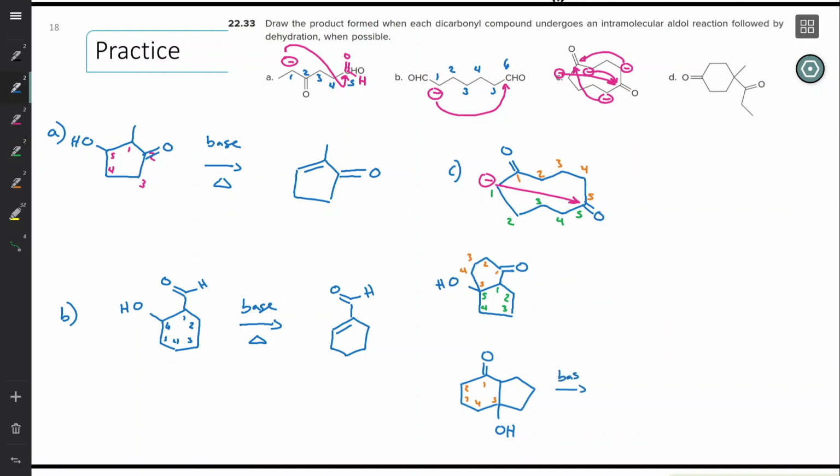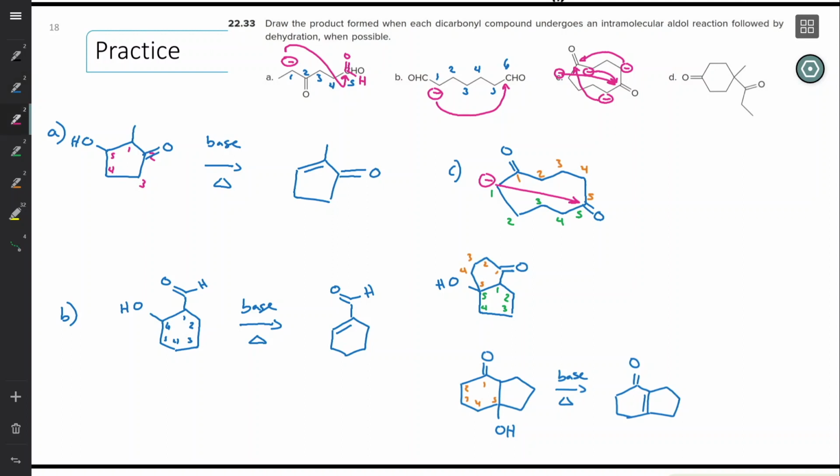And with base and heat, we get that as the condensation product. So in this case, we were making 2 cycles. Both of them were 5 or 6, so that's okay.